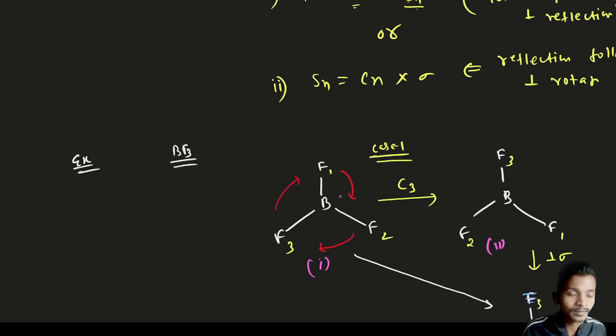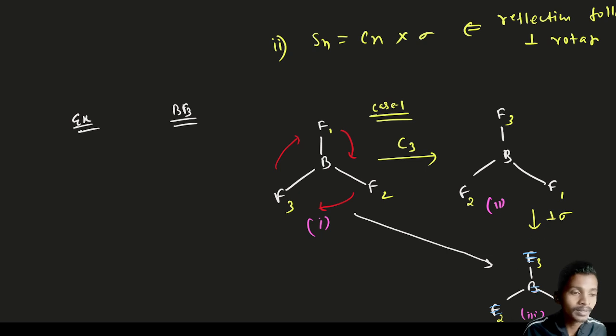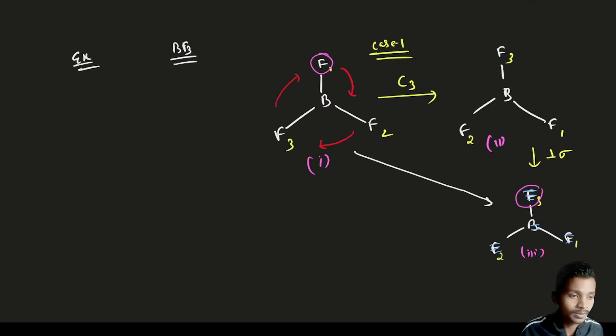So here I applied the C3 axis, after that I get this one, and after that I again apply the sigma and I get this molecule. So in place of atoms, atom is there. Although this has gone to the back side, in the space where an atom was, the same space has an atom. So this is the equivalent orientation.